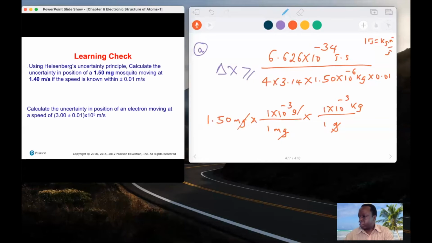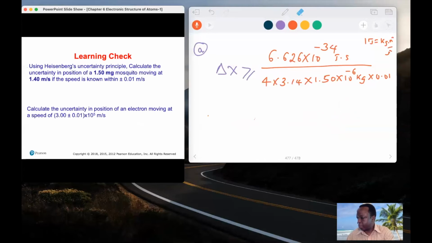So let's see what this will be in terms of just plugging in your calculator. Let me erase here and plug it in a calculator. So 6.626 exponential negative 34. I do have that at the top. Please get to know your calculator.